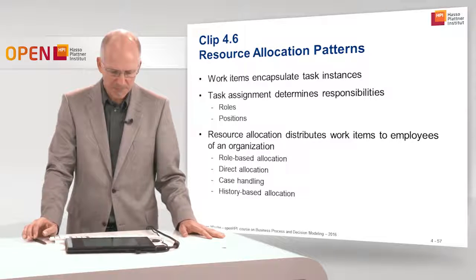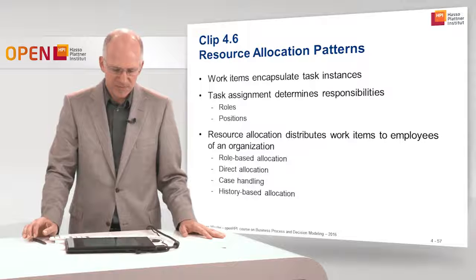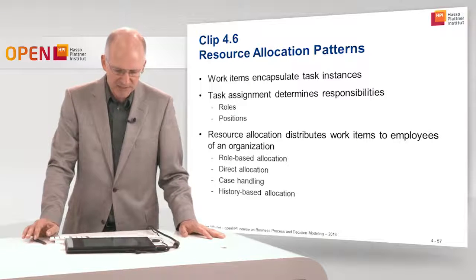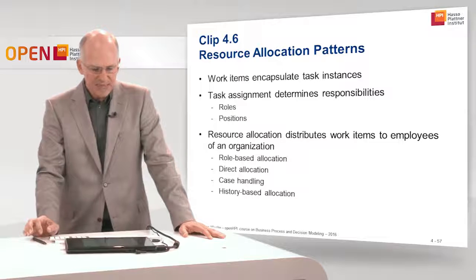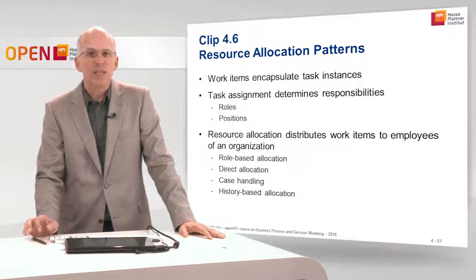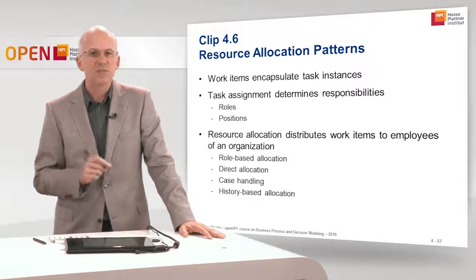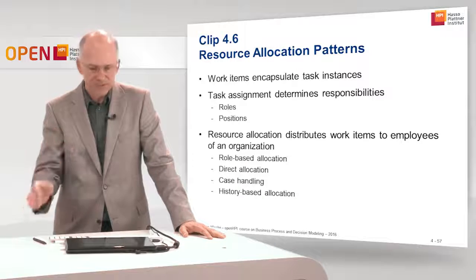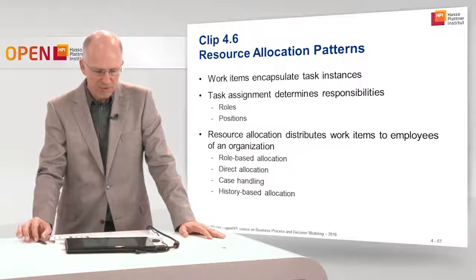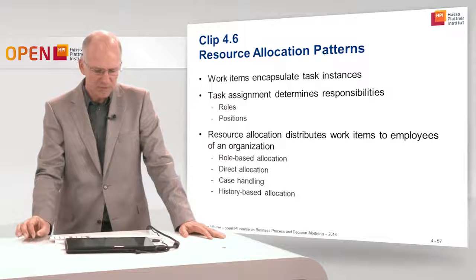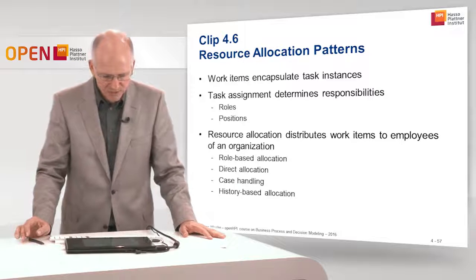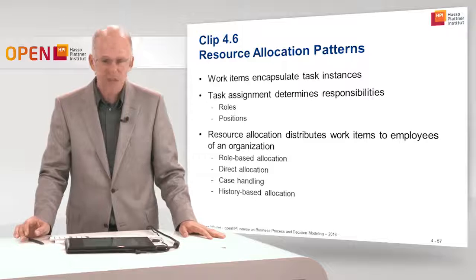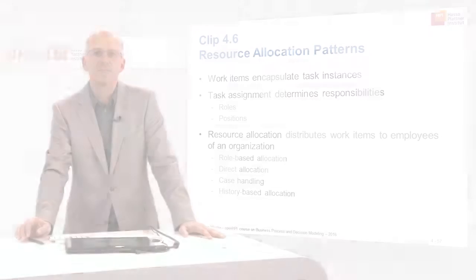We have discussed these four resource allocation patterns, as they call it: the role-based allocation, direct allocation, identifying individual persons, and case handling allocation. For each case, there's one person responsible for the activities associated to one role or one resource in general. And we closed this video clip with the discussion of the history-based allocation.